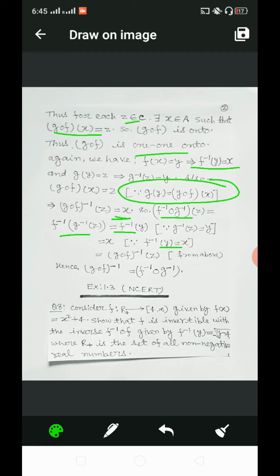And this can be written as the inverse of g of f of z, since g of f of x is equal to z from above. Hence, we have the inverse of g of f is equal to f inverse of g inverse.